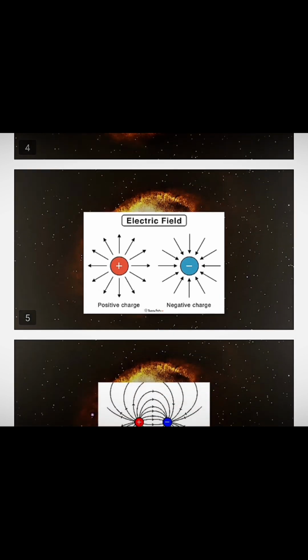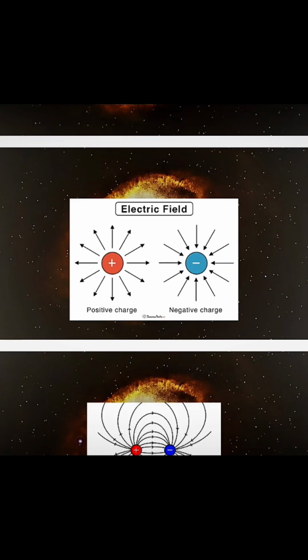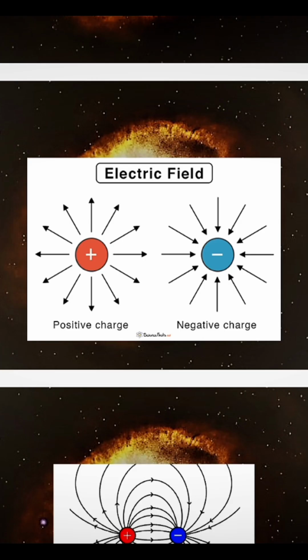When the negative charge comes in contact with a positive charge, as we know, they will have an attractive electric force. There are different types of forces in the universe, which are repulsive and attractive. The electric field can either push you or attract you depending upon the charge you have.